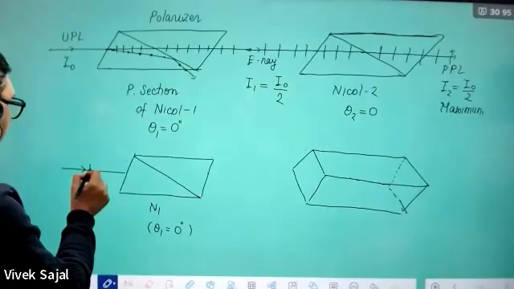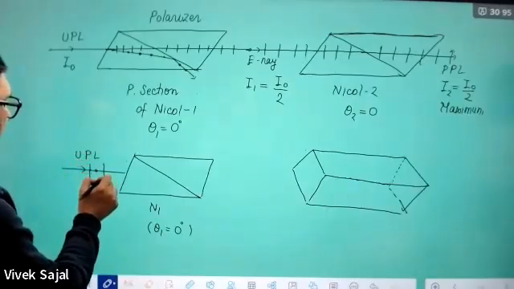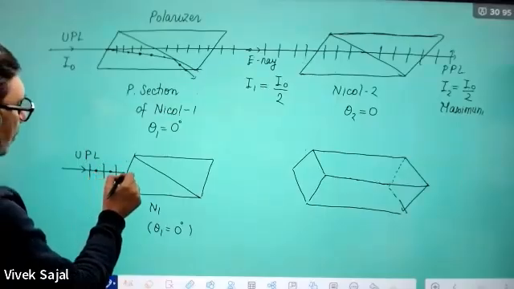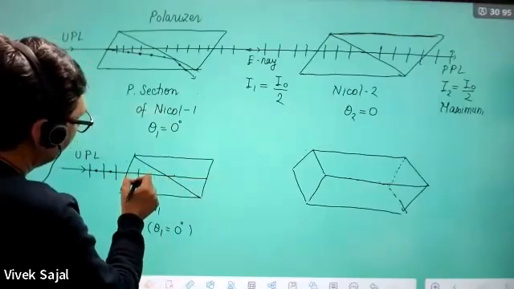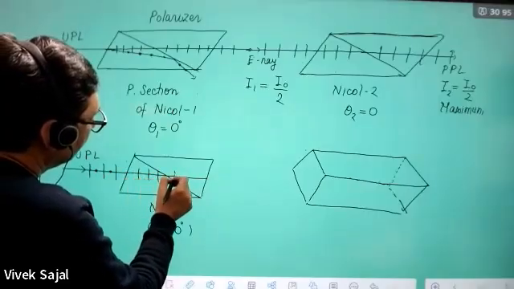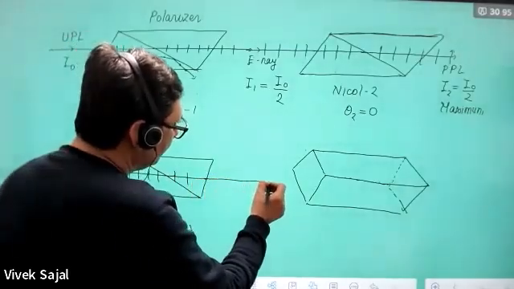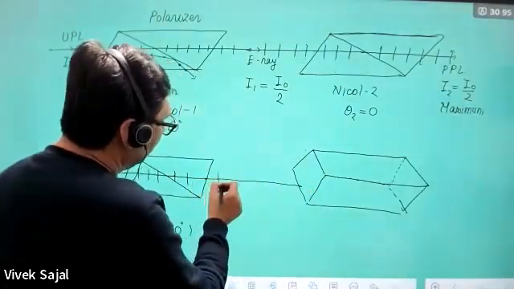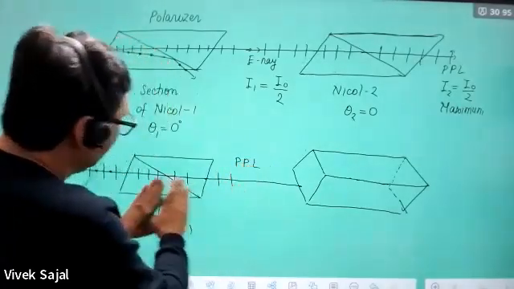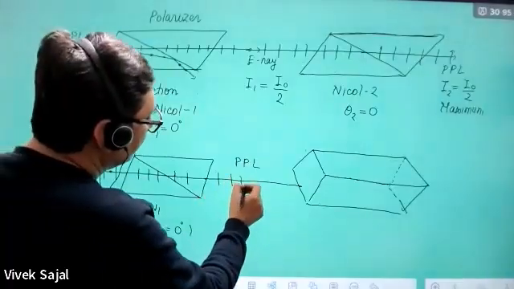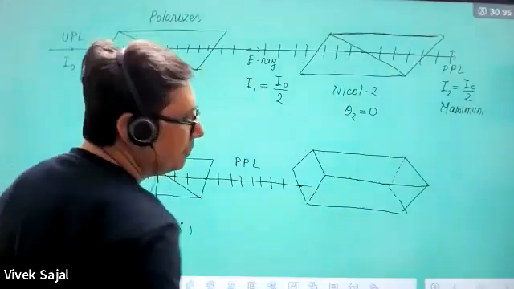So the E ray passes through it. This is plane polarized light. Its electric vectors are parallel to the principal section here. So these electric components will enter into this.